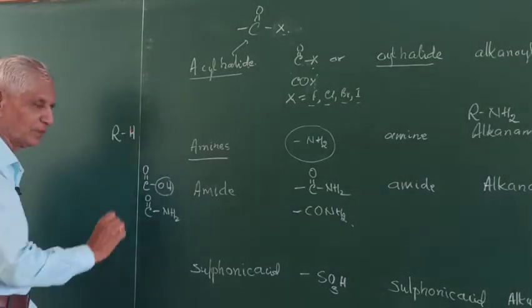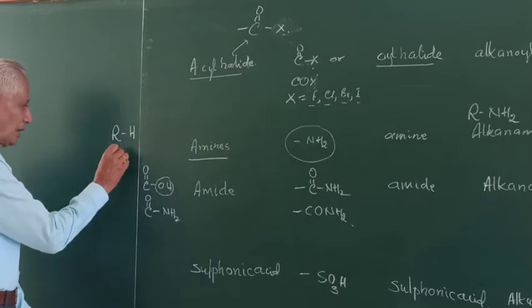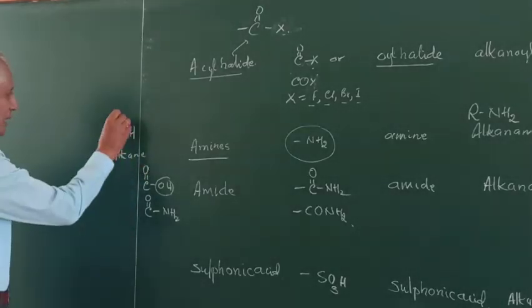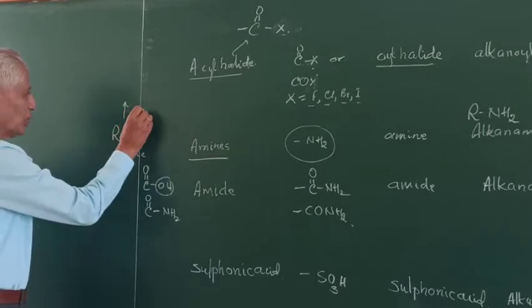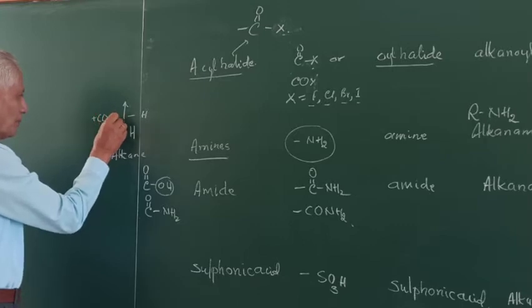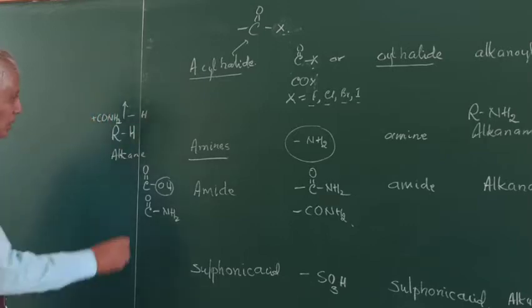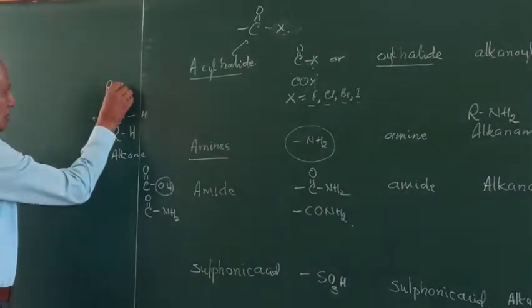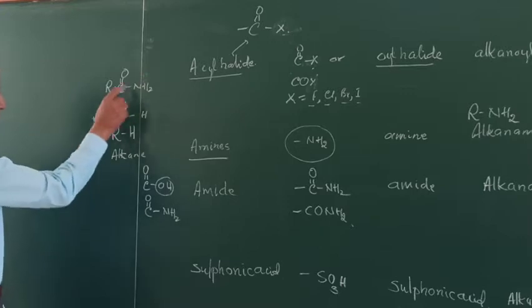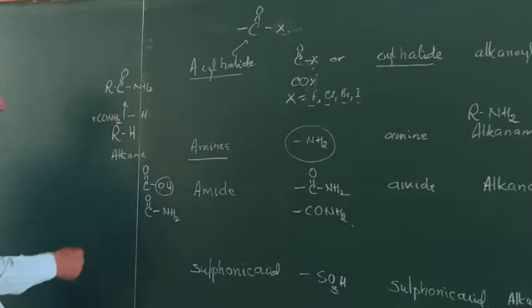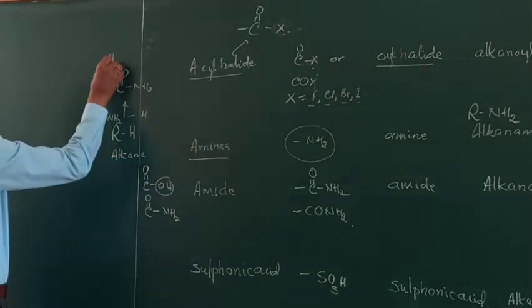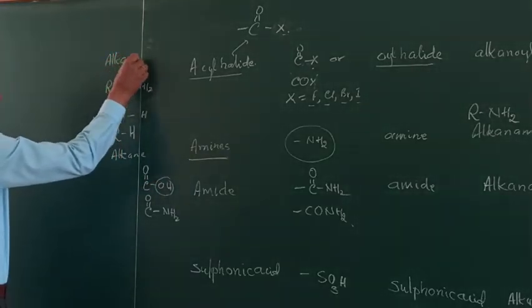Remove one H from this and put there CONH2. What do you get now? You get R-CO-NH2. The name of this compound is alkane amide, where the E is replaced by amide.